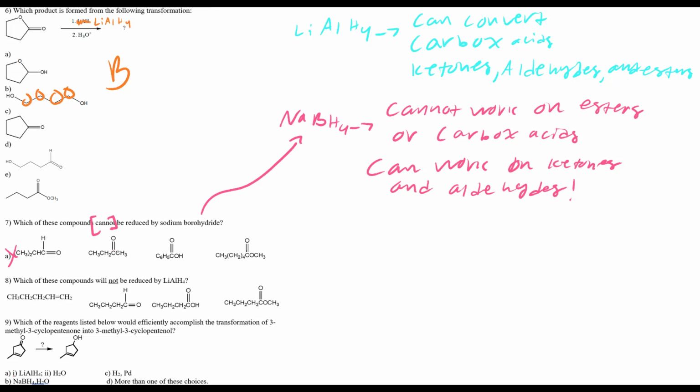Over here, you just have a ketone. Sodium borohydride can take out a ketone, which is not correct. Right here, we have what? On this carbon, we have COOH, which is a carboxylic acid. And you know from this chart or from these paragraphs, sodium borohydride cannot work on carboxylic acids. So this one would be the correct answer.